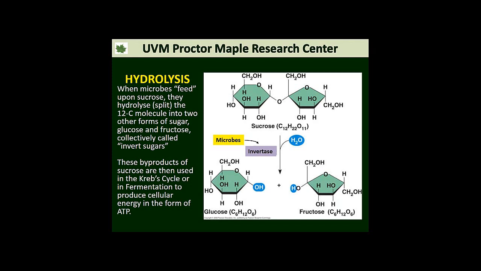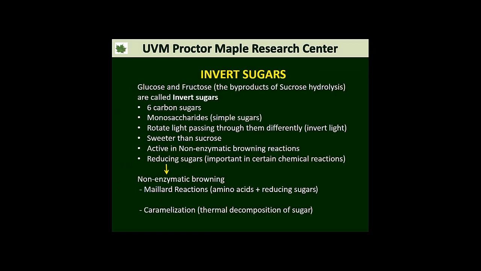And it's only later in the season that you're starting to get this because there's more microbes around. But they're still not doing very much. They're still affecting just a very, very small percentage. But that small percentage is really, really important in developing color and flavor. Because invert sugars, glucose and fructose, end up going through a couple of different processes.